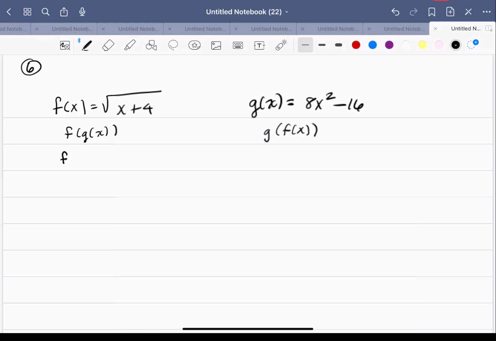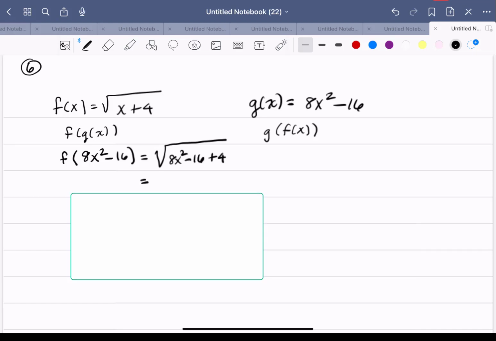For f of g of x, I have to put g, 8x squared minus 16, into f. Every time I see an x, it's going to be the square root of 8x squared minus 16 plus 4, which is the square root of 8x squared minus 12.